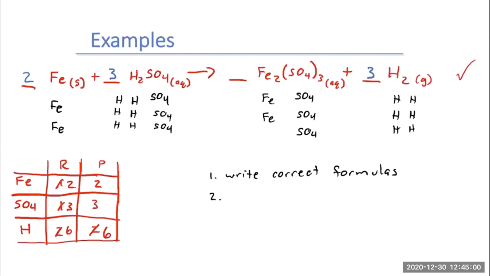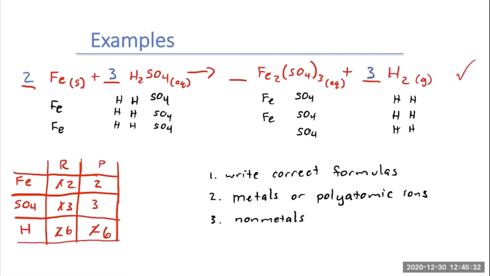And then second, when you first start balancing, I recommend trying to balance your metals or your polyatomic ions first. Then after you balance your metals and your polyatomic ions, you go for your nonmetals.